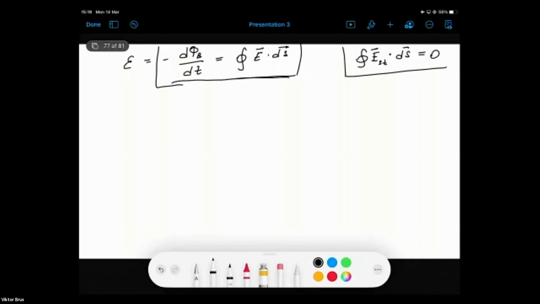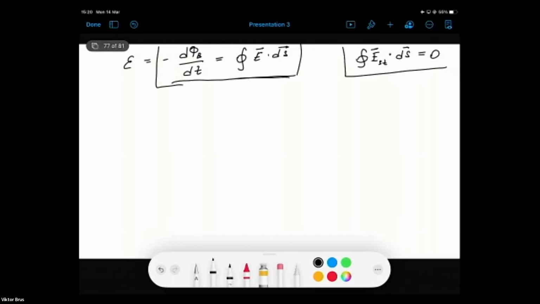Now let us consider an example when we can determine the magnitude of induced electric field next to a conductor with a certain shape. In our case, we will consider a solenoid.